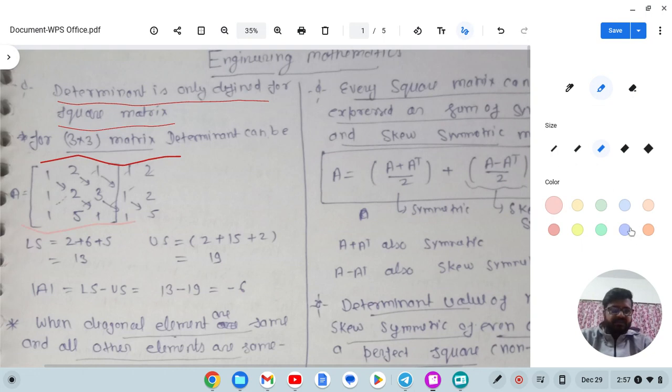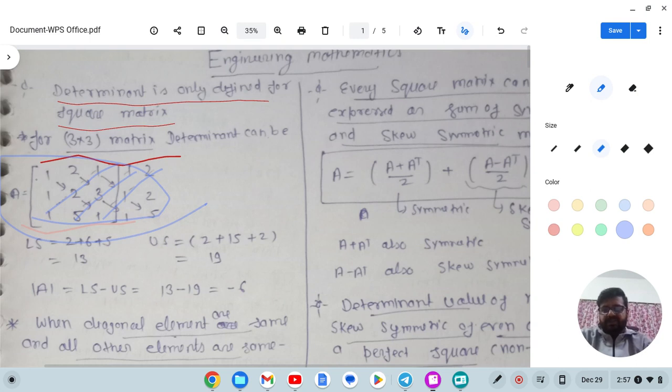In a 3 by 3 matrix, we multiply these elements, plus multiply these elements, and this sum is called the lower side. This is called the upper side because we are going from lower to upper.